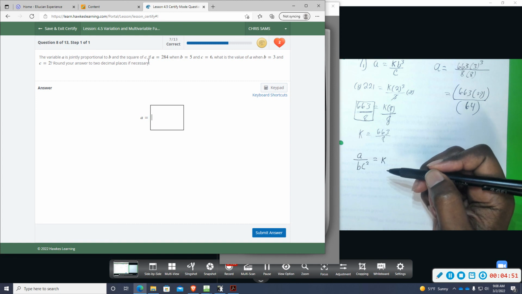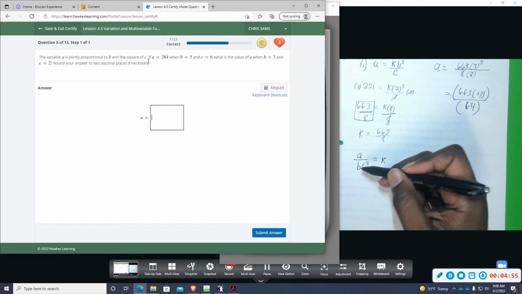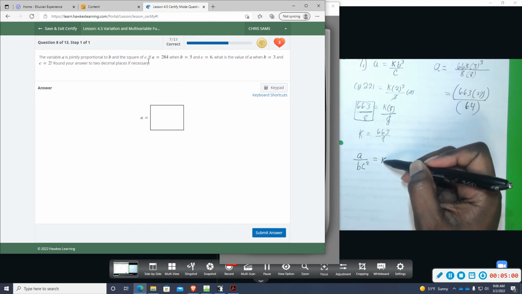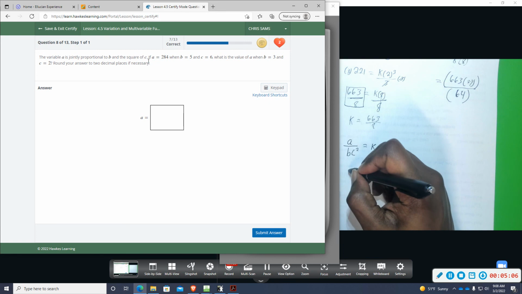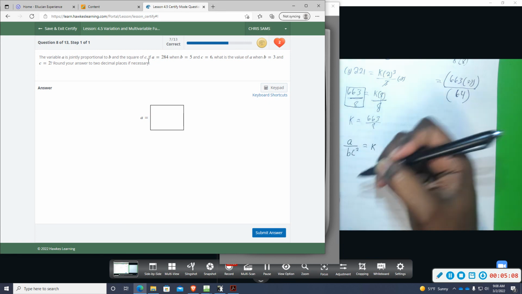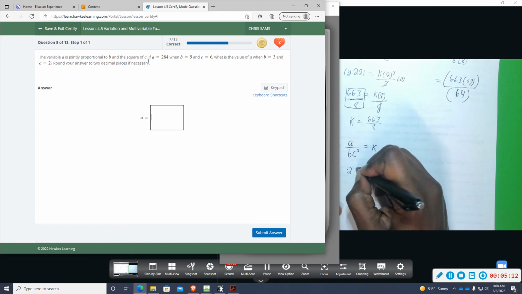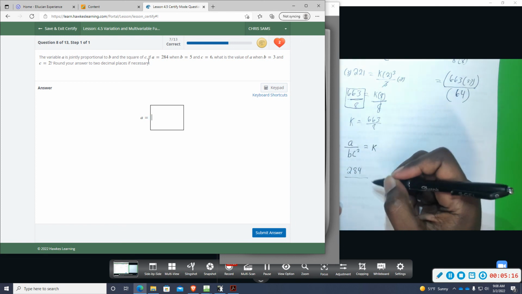And then if A is 284, B is 5, C is 6. We're going to find the K value, and then once we do that, we will plug it into the second part. So A is 284, and this is number 8. A is 284 divided by B is 5.